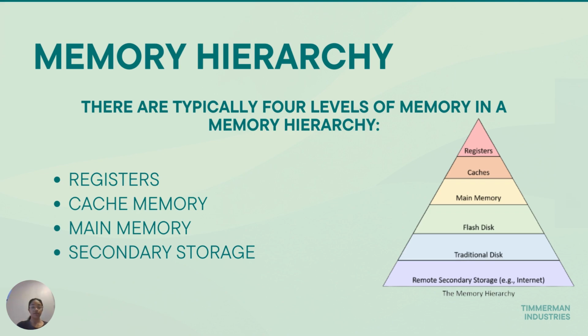Third one is main memory, and from fourth onwards, that is fourth, fifth, and sixth, is secondary storage. So flash disk, traditional disk, and remote secondary storage are part of secondary storage. And we saw what secondary storage is. They can be installed externally to the CPU for our extra needs, which our computer cannot provide.